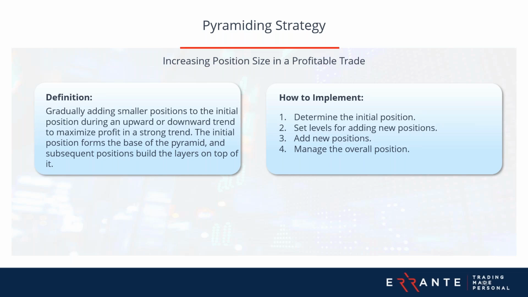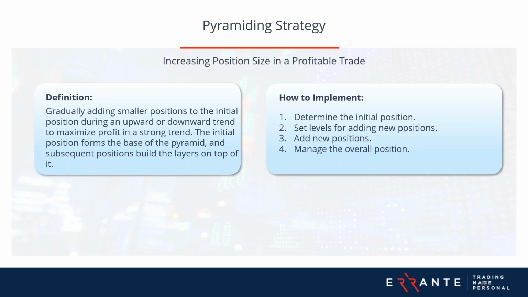In step 2, you need to set levels for adding new positions. Next, establish specific price levels for adding new positions. These levels are determined using technical analysis tools such as Fibonacci retracement levels, moving averages, or other support and resistance zones, you name it. The key here is to ensure that each new position is smaller than the previous one, maintaining a structured approach to risk management.